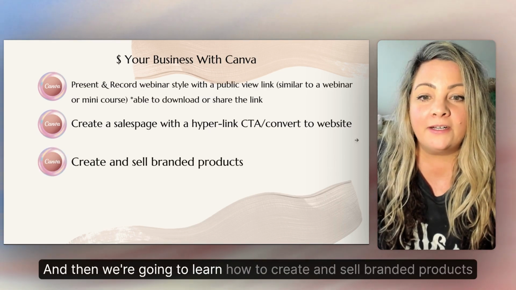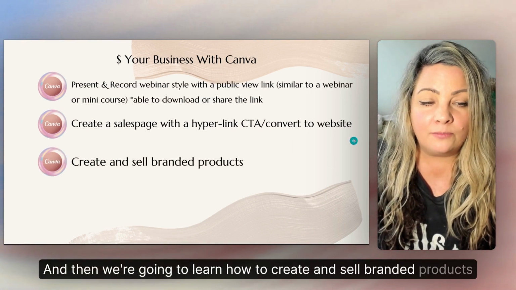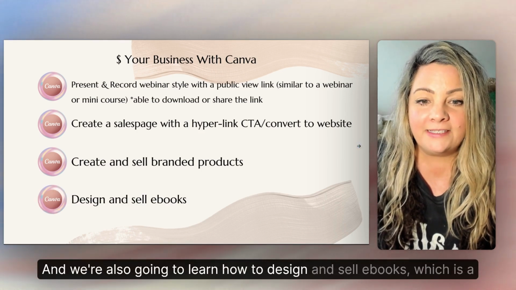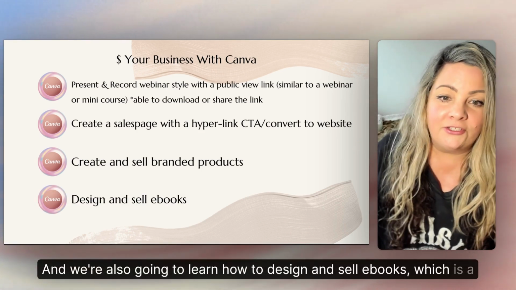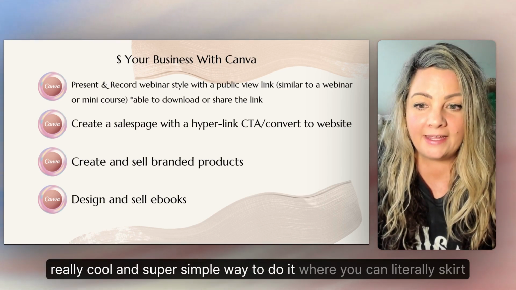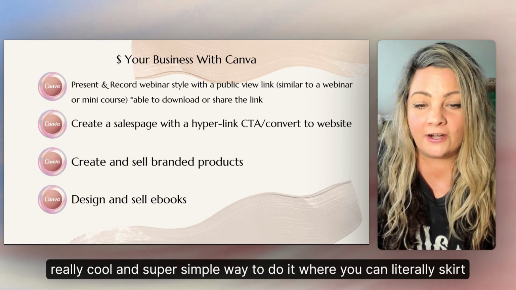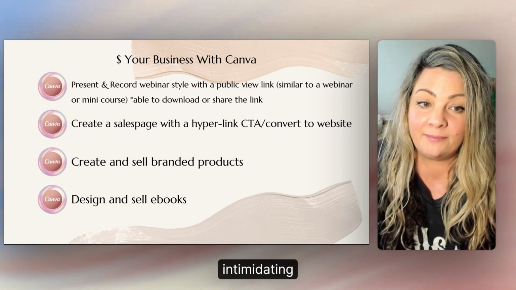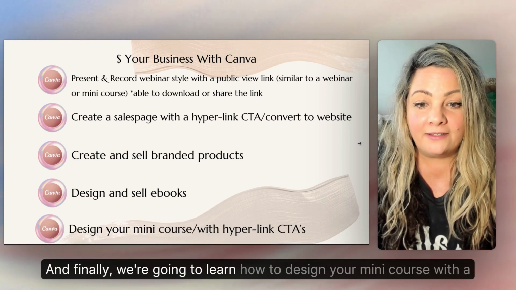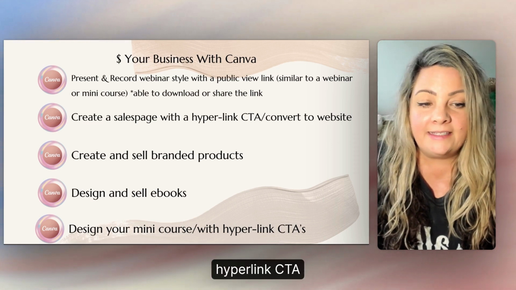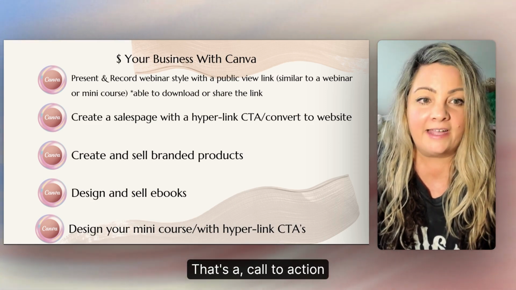And then we're going to learn how to create and sell branded products for your business. We're also going to learn how to design and sell ebooks, which is a really cool and super simple way to do it, where you can literally skirt all the complicated stuff that's out there that makes it so intimidating. And finally, we're going to learn how to design your mini course with a hyperlink CTA. That's a call to action.